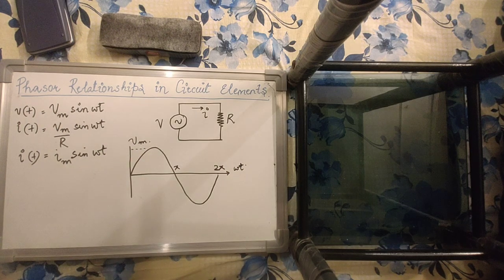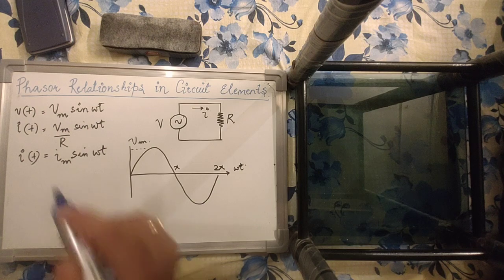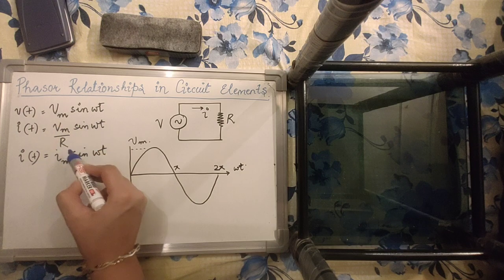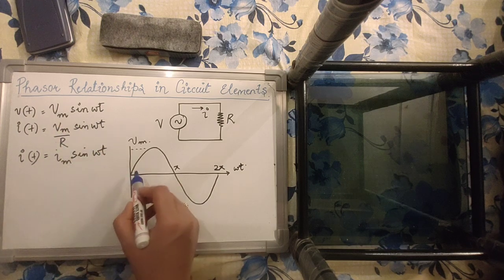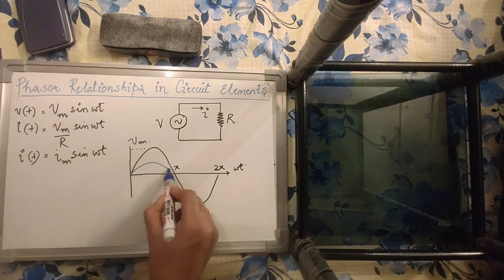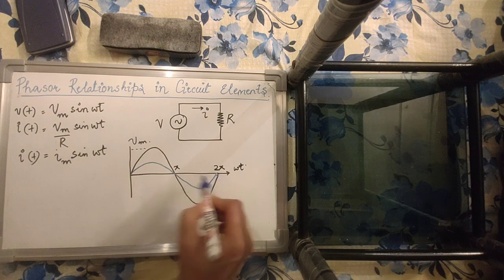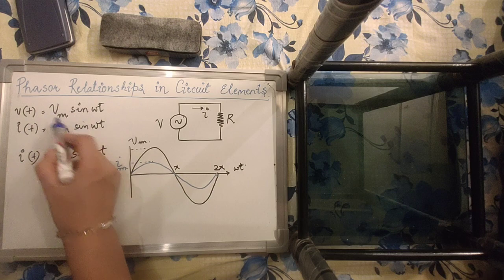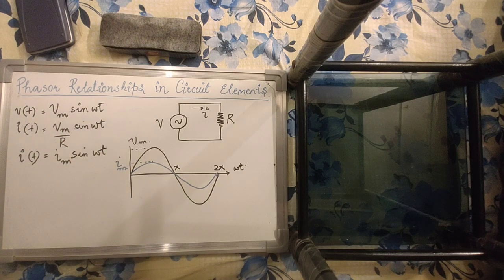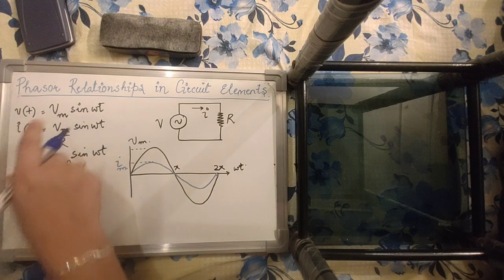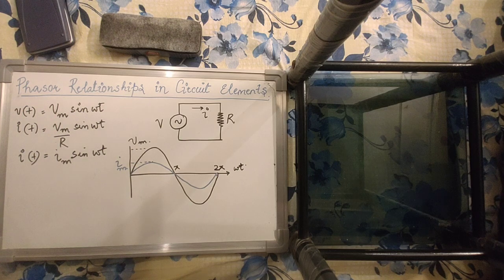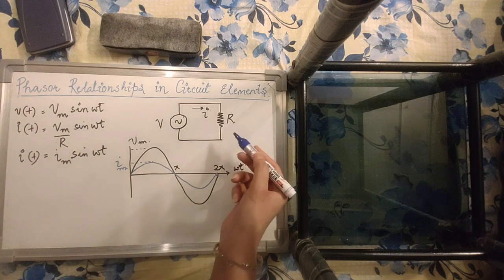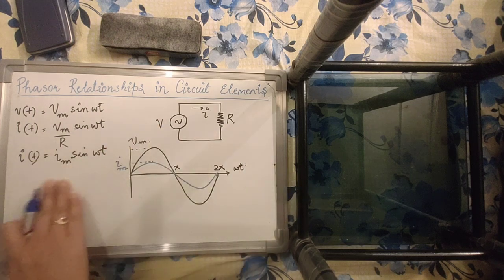Now if this is the voltage signal, the current signal is going to be simply Im sin omega t, a scaled version of the voltage. So again a sinusoidal signal with peak value equal to Im, where Im is simply Vm upon R, where Vm denotes the maximum value of the voltage signal. Now this is a basic current voltage relationship in a simple resistive circuit in the time domain.